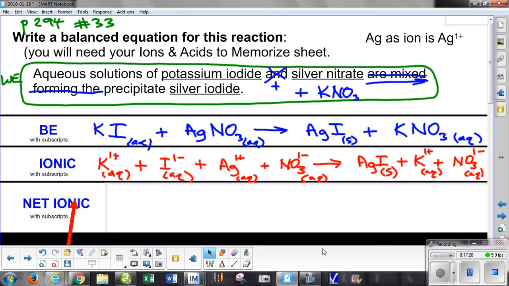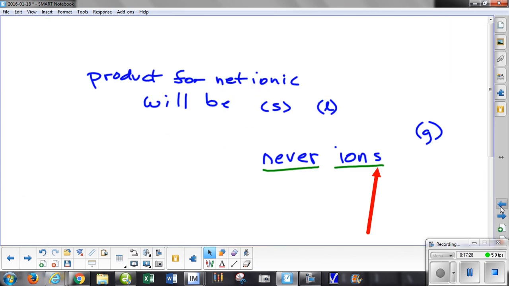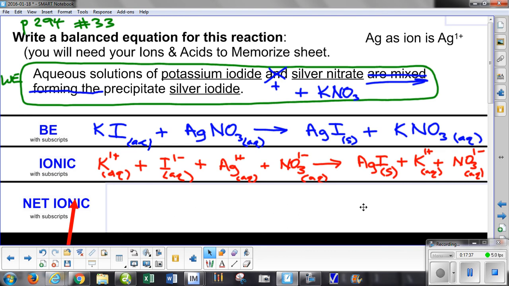Look at the last example, and also reread this before you answer. So, what are we going to write? We're going to start our net ionic equation with what? On the right side.